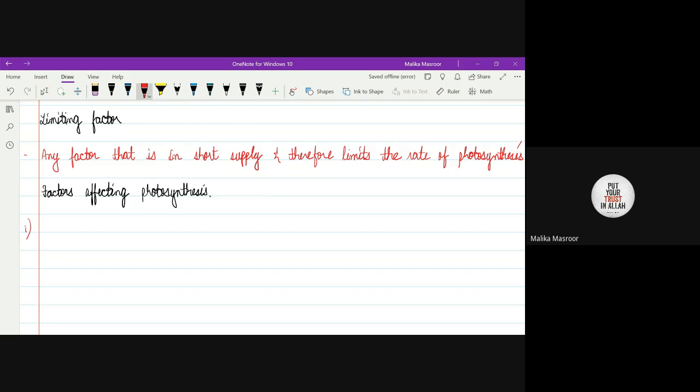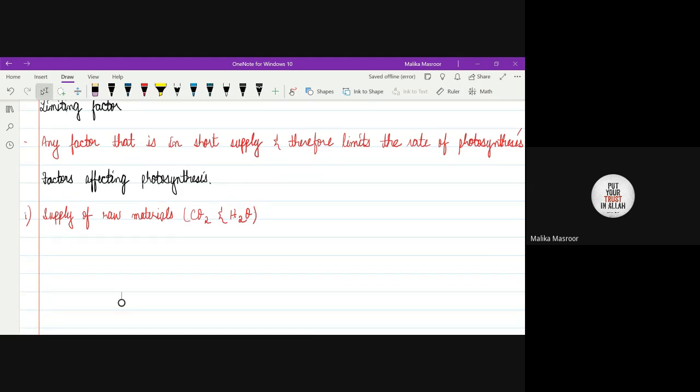For example, firstly, you have supply of raw materials. Raw materials include carbon dioxide and water. Secondly, you have the quantity of sunlight. Basically, it is the light intensity.